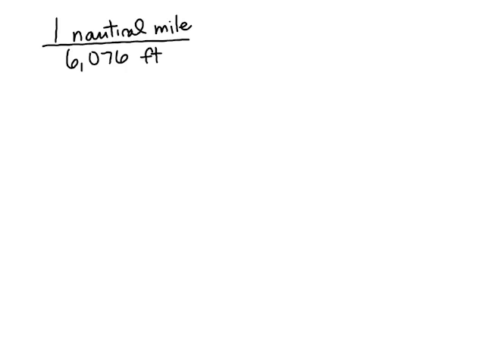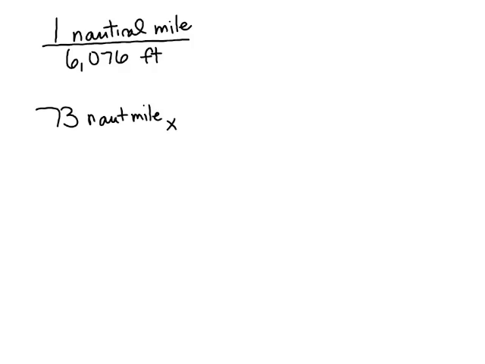1 nautical mile, 6,076 feet. So let's say Hawaii is a state. Let's say the distance around Hawaii in nautical miles, just make up a number for me, is 73 nautical miles. How many feet would it be to go around the main island of Hawaii?